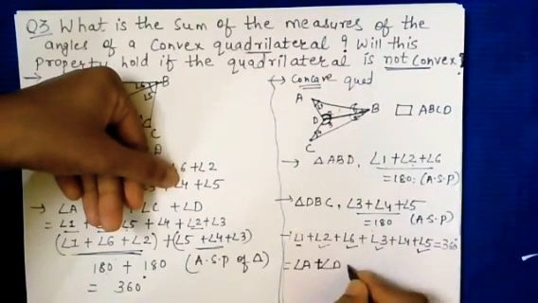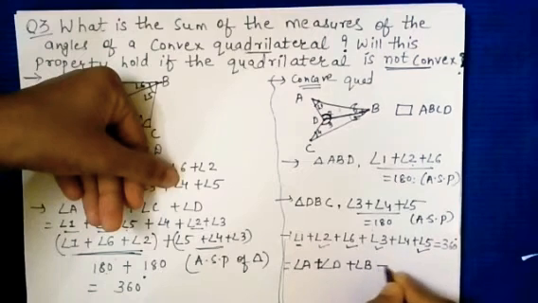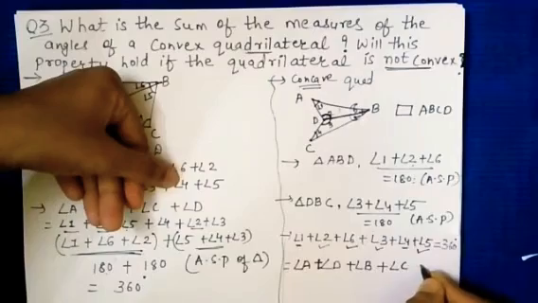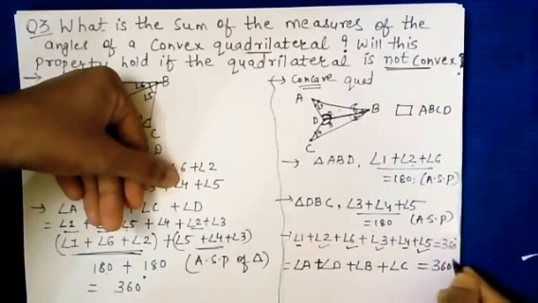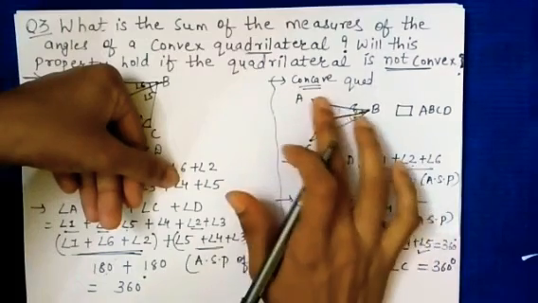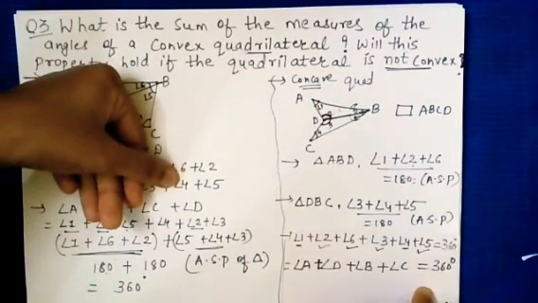Angle B. So plus angle B, and angle 4 is left. Angle 4 is angle C, and that is equal to 360 degrees. So the total of all four angles of this concave quadrilateral is also 360 degrees.